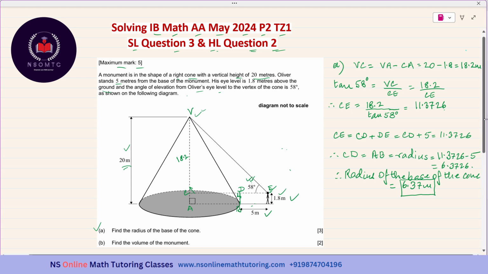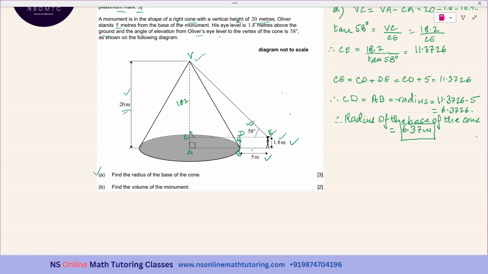So now coming to subpart B, find the volume of the monument. The volume of the cone's formula is given in your formula booklet. It is V is equal to 1/3 pi r squared h, where r is the radius of the base of the cone and h is the height.